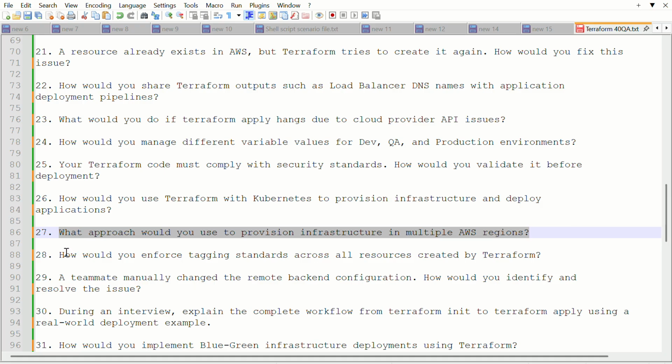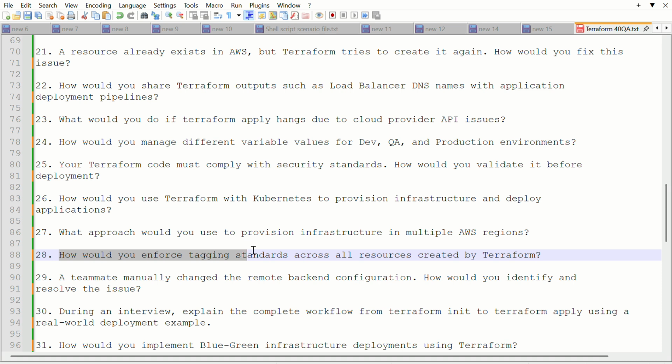And coming to the next one, how would you enforce tagging standards across all resources created by Terraform? So if the infrastructure is provisioned by Terraform, then what are the standards of tagging for each resource you are following in Terraform? You might need to concentrate on this question more compared to the remaining, because this question seems something different, right?